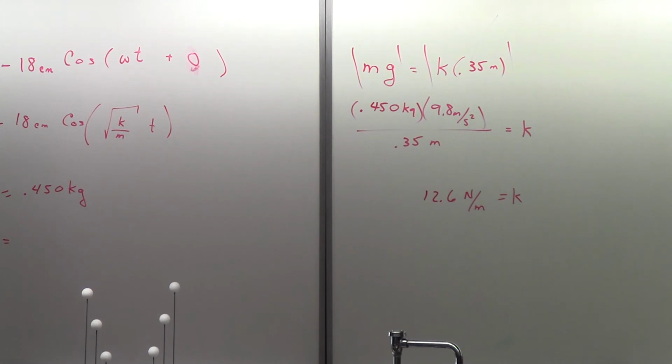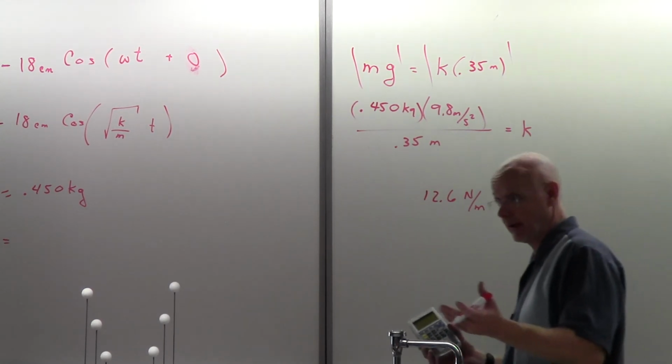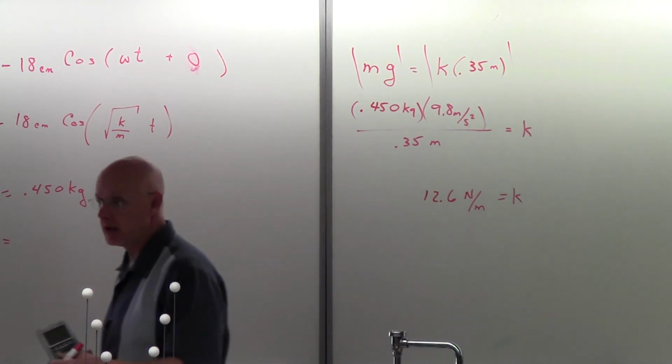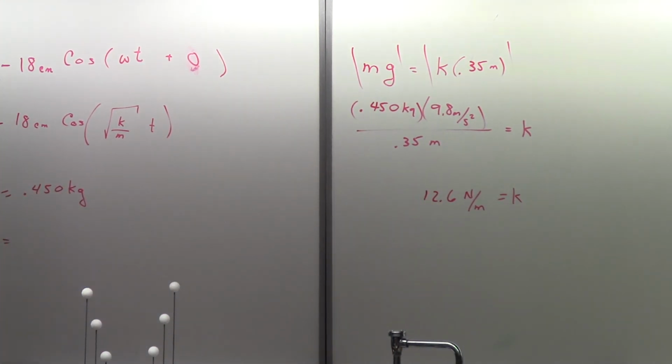Well, I guess there's sometimes where the negative matters, like when I was writing out the equation, because otherwise I would not have a second derivative equals negative of something. I'd have positive of something, and I'd have exponentials instead of cosines. And other times it doesn't matter, like this. It kind of depends. Are you thinking about the magnitude of the force, or are you thinking about the equation of the force? So, yes, it does matter, and that depends on the situation. So there's not a general answer I can give you.